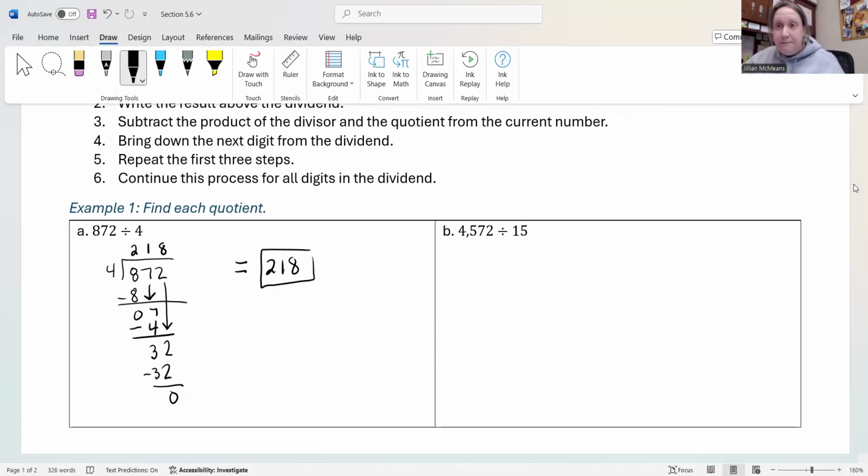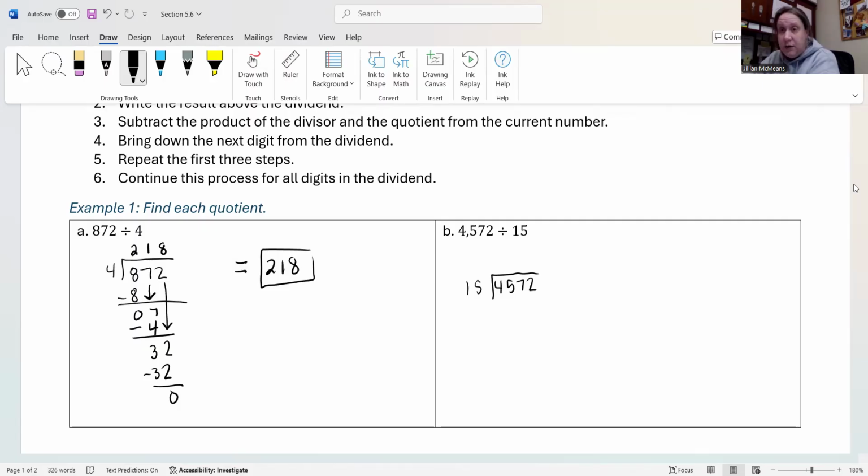Okay, part B. We have 4,572 divided by 15. It'll be slightly harder because our divisor is a 2-digit number, but it's the exact same process. Since the divisor is 2 digits, we need to start by looking at the first 2 digits of the dividend.